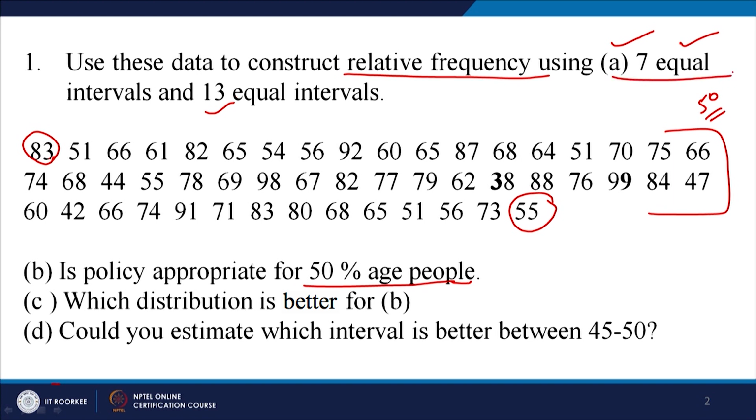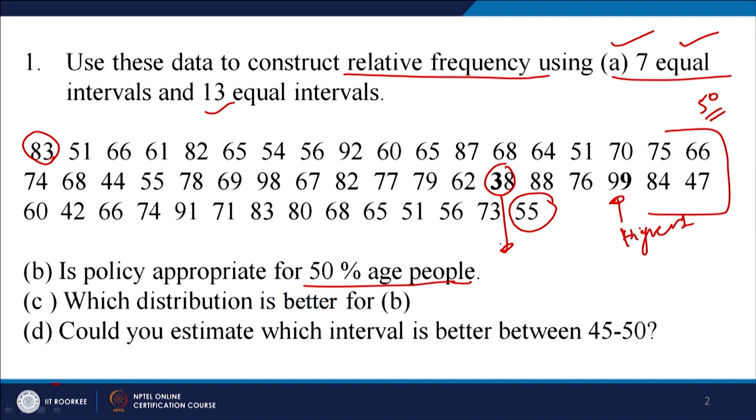So, how to prepare a relative frequency diagram? First of all, you have got 50 data points. You should arrange them in ascending or descending order, right, so that you will have the maximum number and the minimum number. Here the maximum number is 99, the highest number, and the least number is 38.